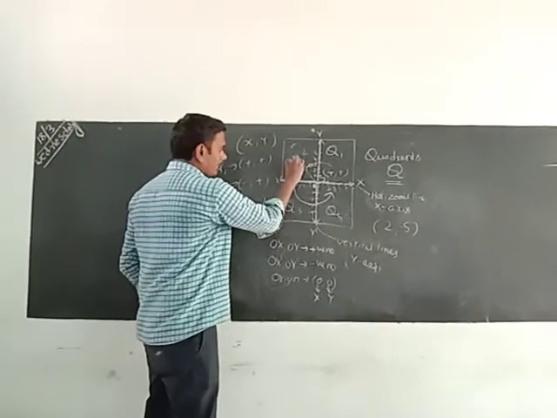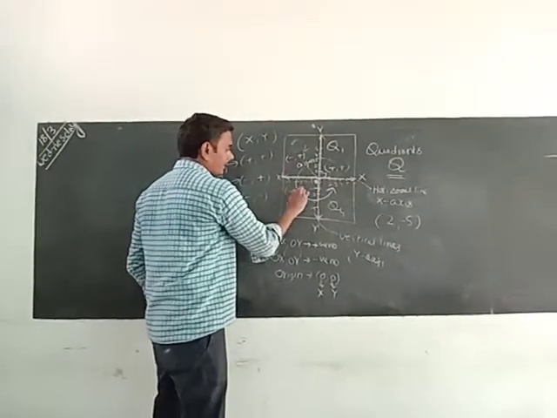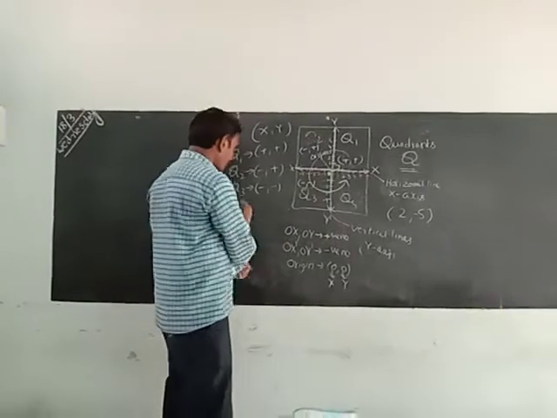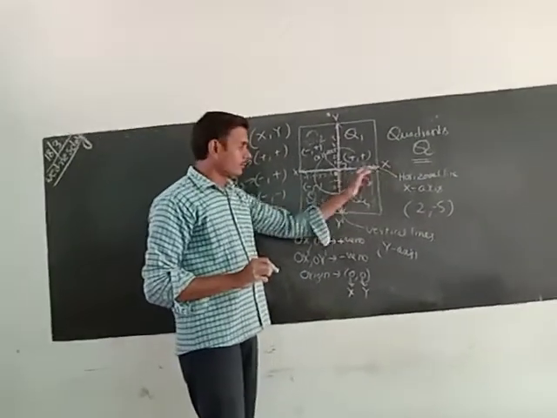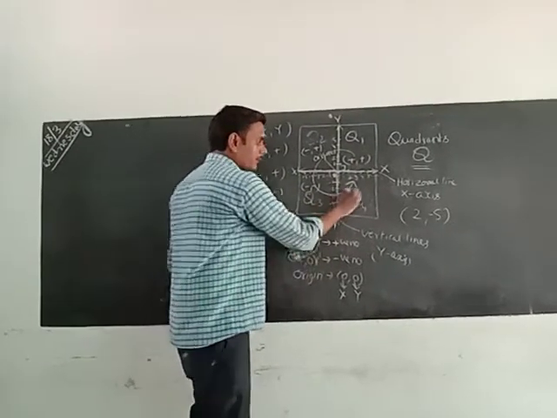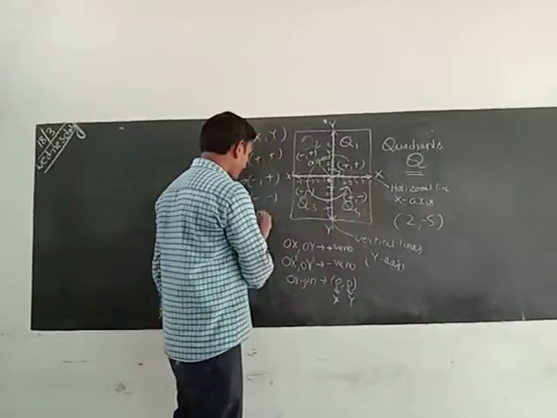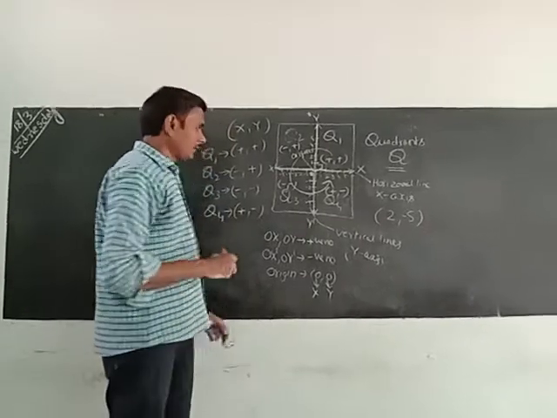That means negative, negative. Now next Q4, quadrant 4: x will be positive, y will be negative. That means we can write positive, negative. This we have to remember.